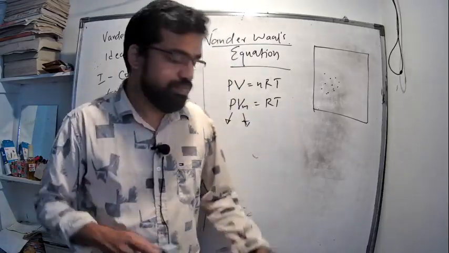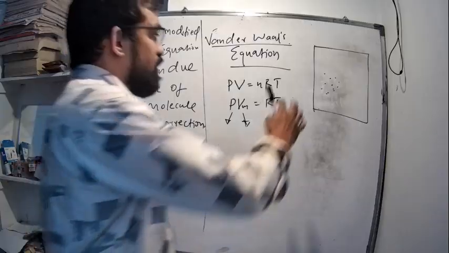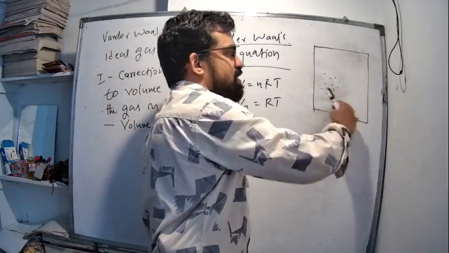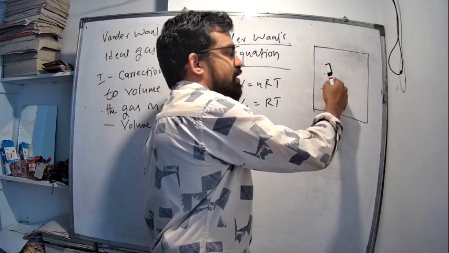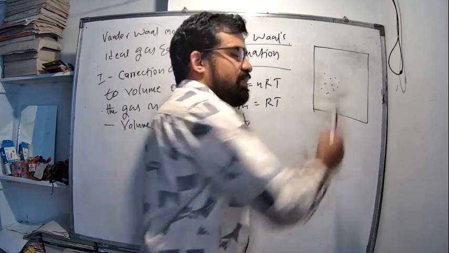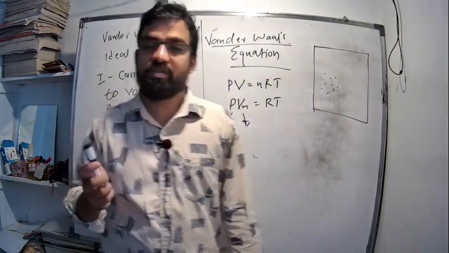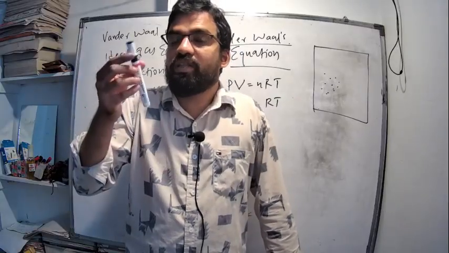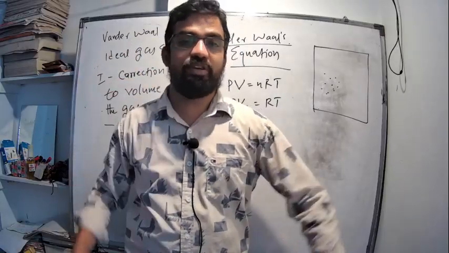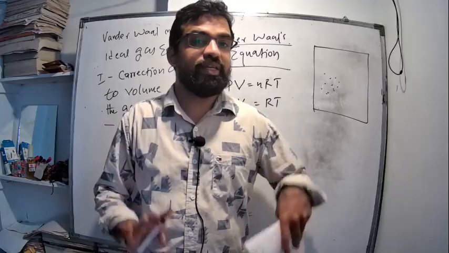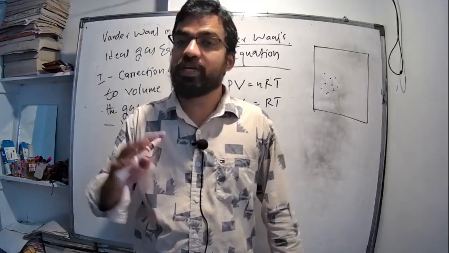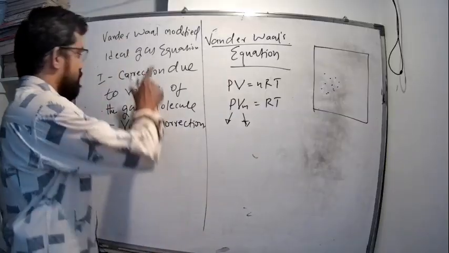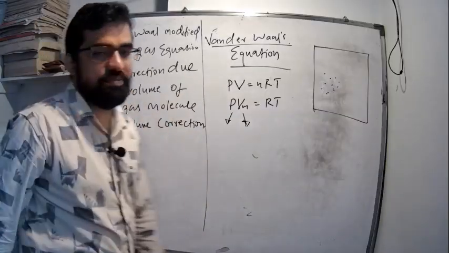These gas molecules can move in all the space available, but not inside the gas molecules themselves. Everything has a definite volume. They cannot move there, that space is already occupied, so that space must be reduced. Simply, this is what the volume correction means.